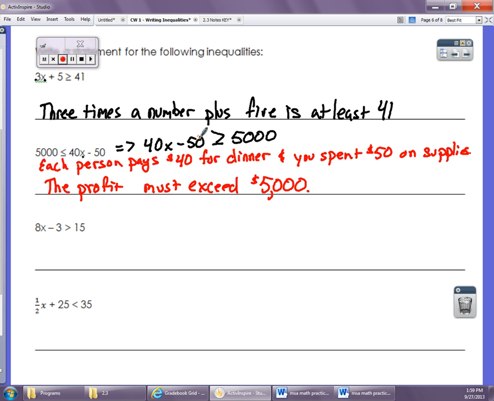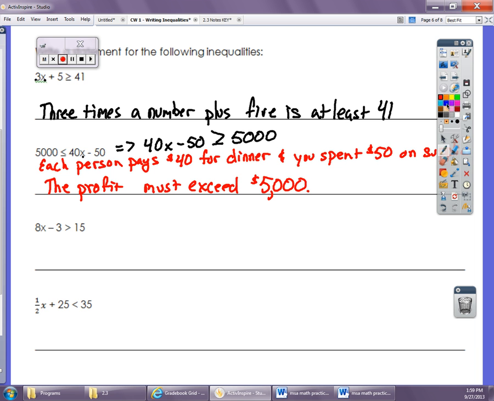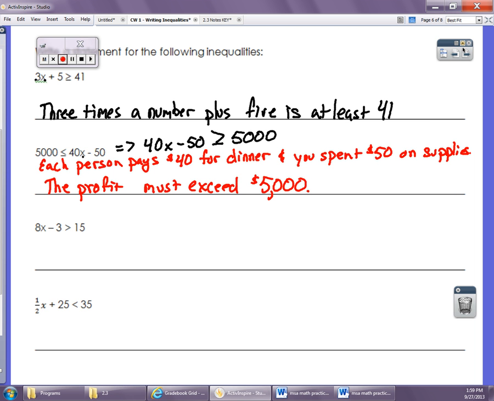All right, now let's go over these. The next one, we have 8x minus 3 and then an inequality, 15.